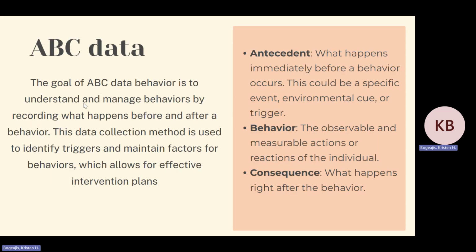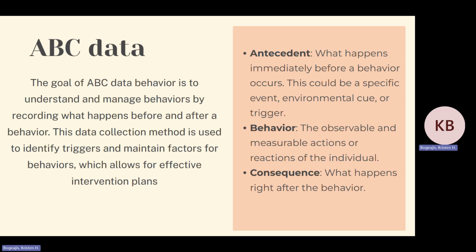Let's talk about ABC data, and we'll talk about how to combine these data collection tools into an overall ABC data collection tool. The goal of ABC data is to understand and manage behaviors by recording what happens before and after a behavior.